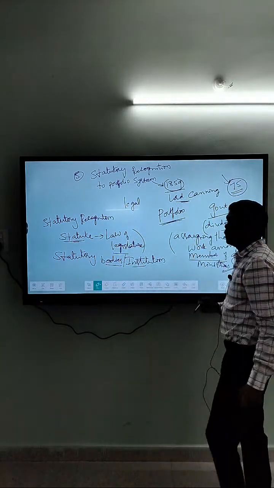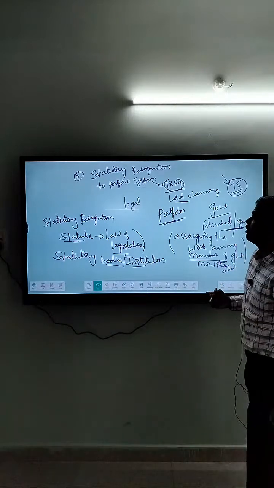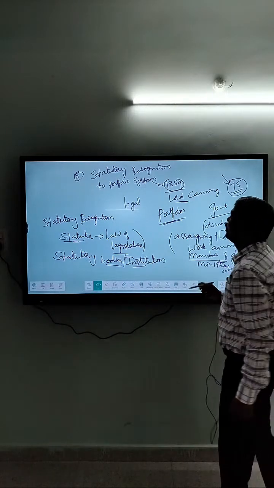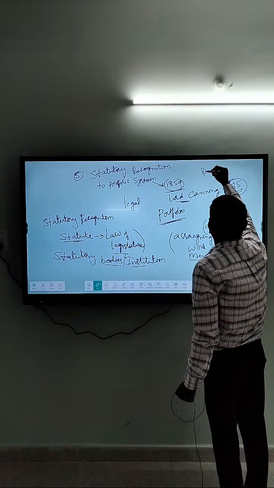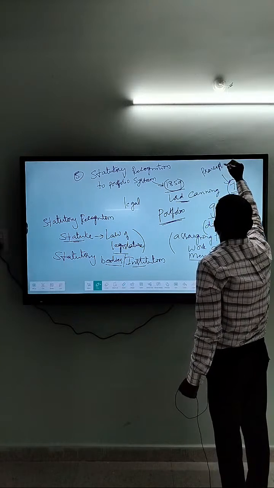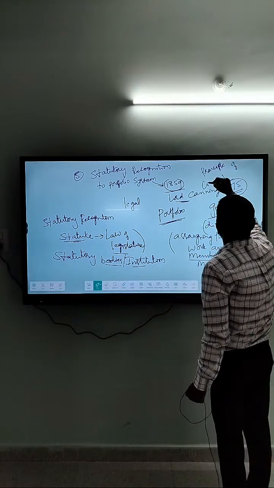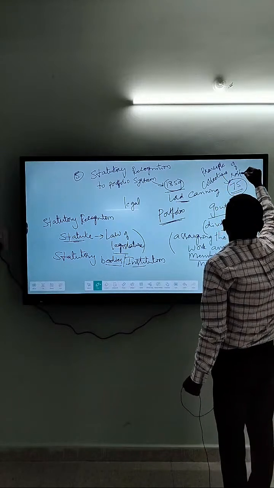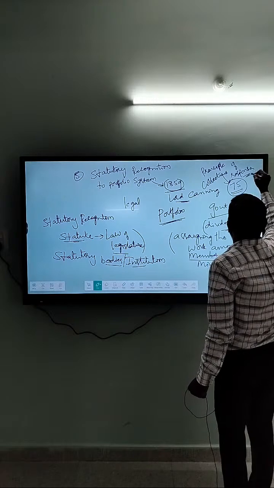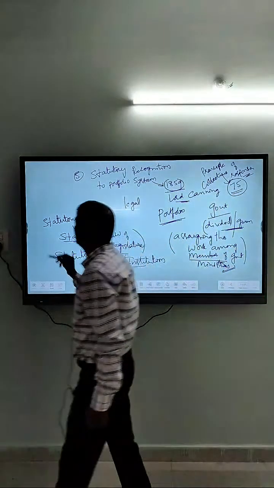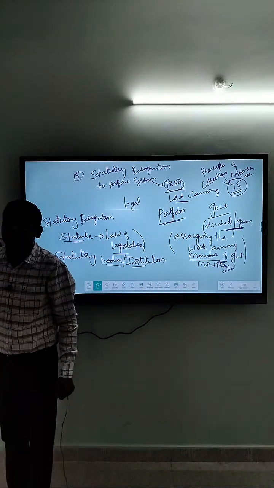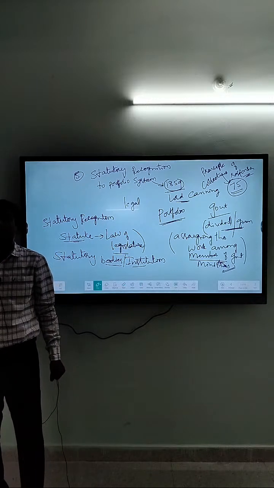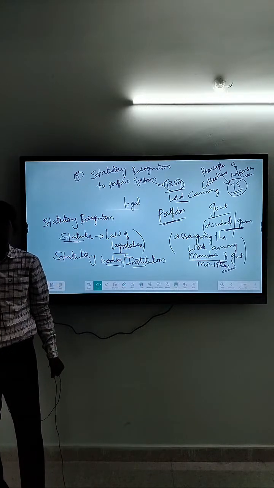Very important. It is this Article 75 which has the principle of collective responsibility. And remember, this principle of collective responsibility is regarded as the cornerstone of parliamentary system of government.